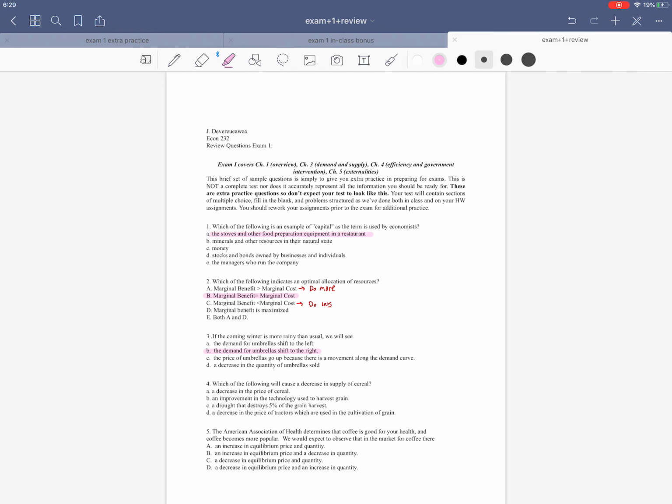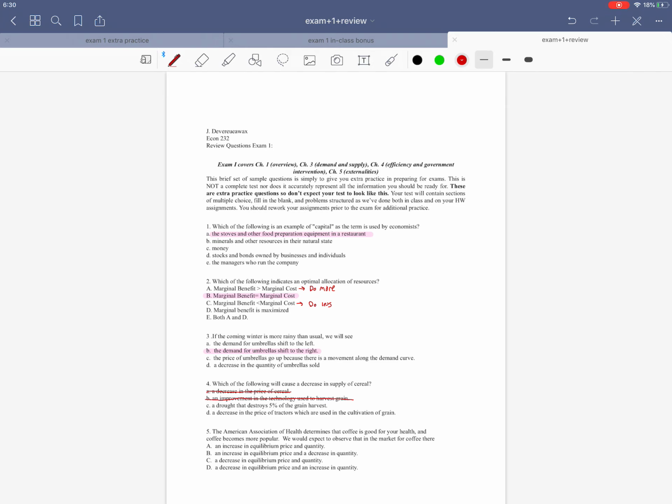So which of the following will cause a decrease in the supply of cereal? So we can eliminate A because price causes changes in the quantity supplied. An improvement in technology will allow supply to go up, so that will be an increase in supply.